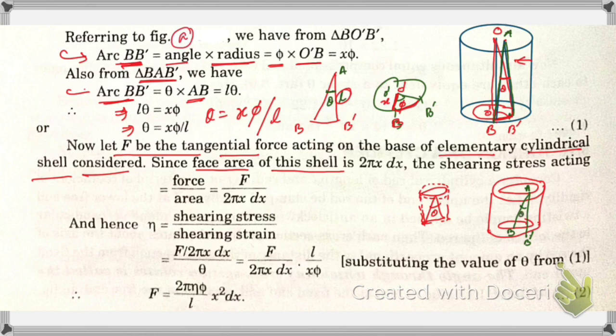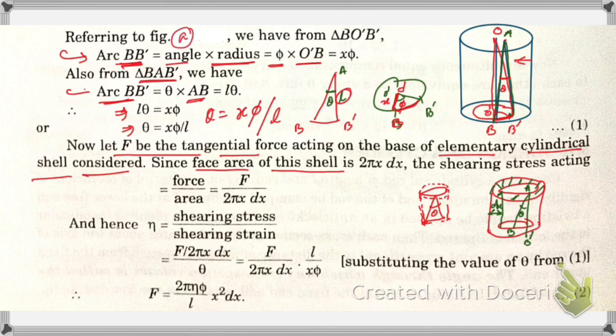Now you see, we have considered this thickness. This thickness is, suppose, dx, right? Then the area of this ring will be given by 2 pi x dx, because this is very small.